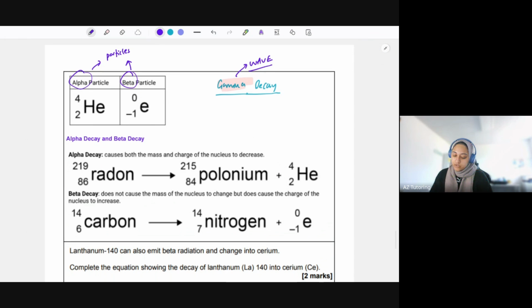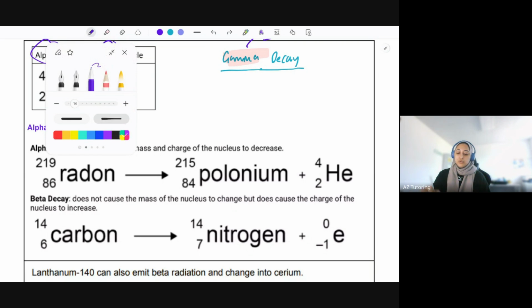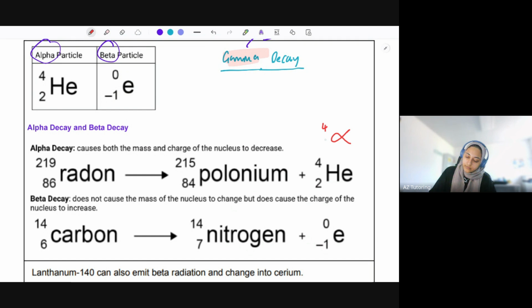Okay, so as an example, when you've got alpha decay, what's basically happening is your isotope is decaying. So for example, we've got radon here. It's decaying and an alpha particle will come off. Now in AQA, for some reason, they like showing helium, but you can also write the alpha particle like that. But I would recommend just sticking to helium because that's what's in the specification.